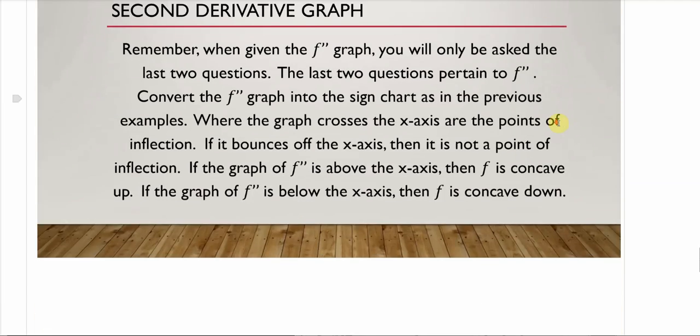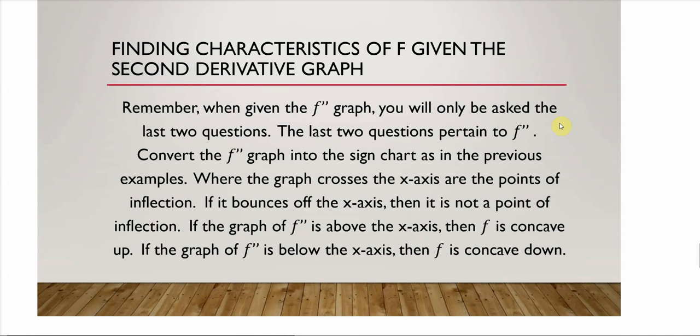Now the last type of example is if I give you the picture of f double prime. Well, if I give you the picture of f double prime, you can only be asked the last two questions: where do I have points of inflection, and where is it concave up and concave down? So for this slide, all you have to do is convert the f double prime graph into the sign chart. That's it.